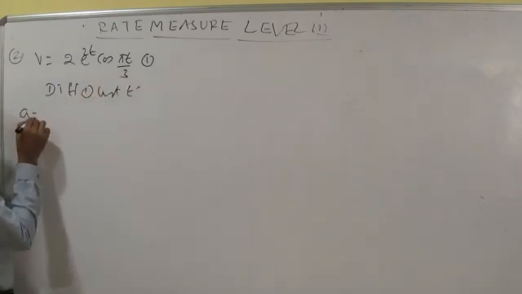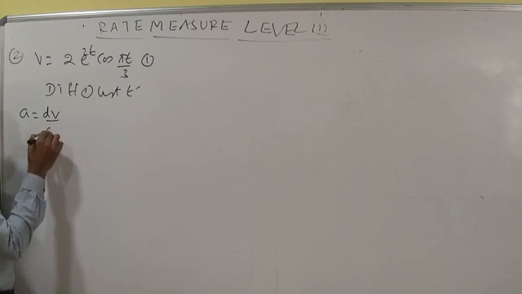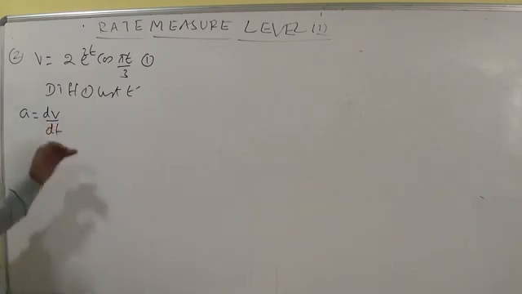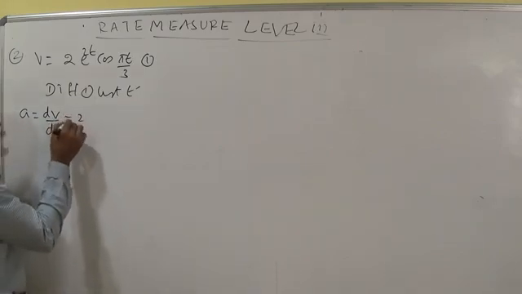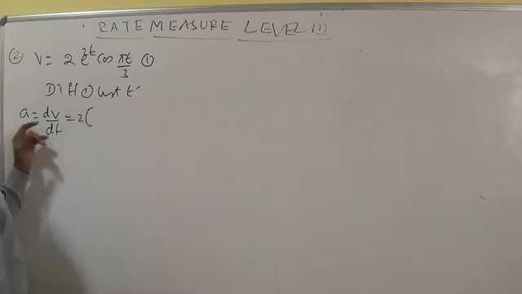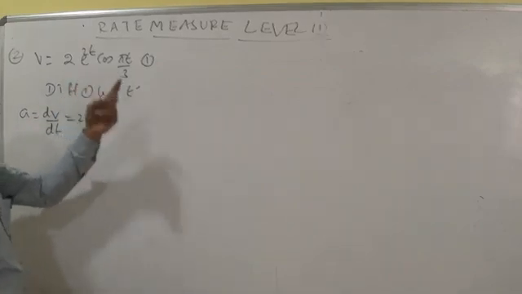Acceleration a is the derivative of velocity, dv/dt. Here you try to understand that this is u, this is v.